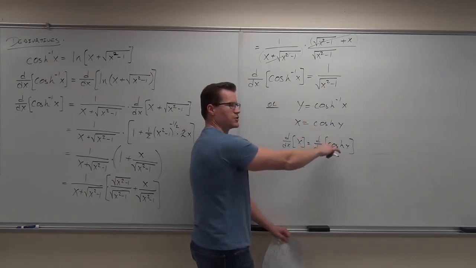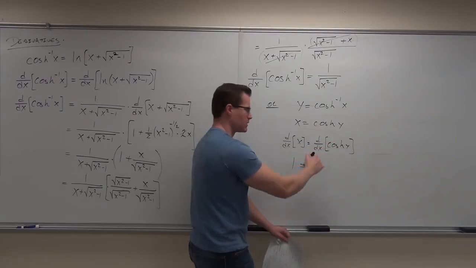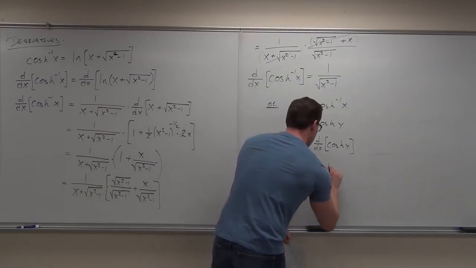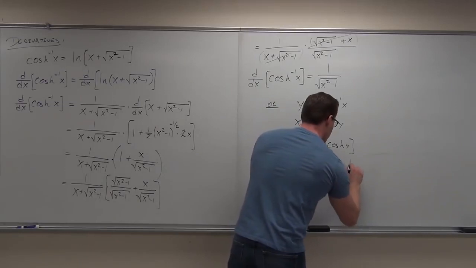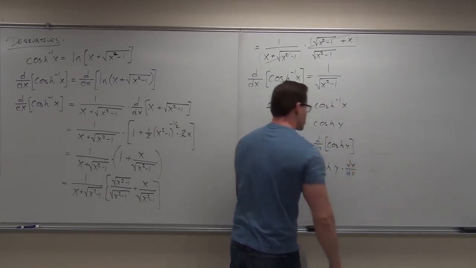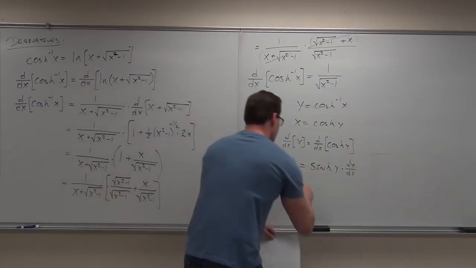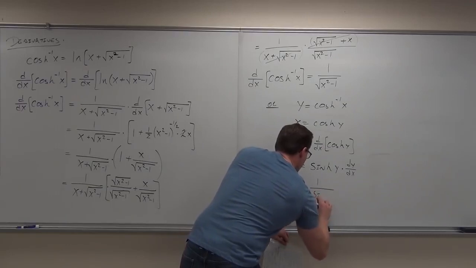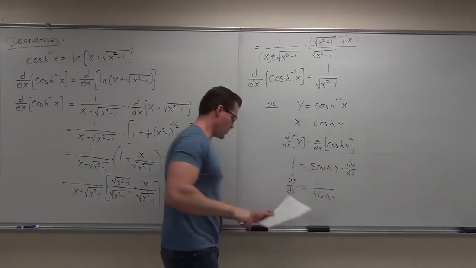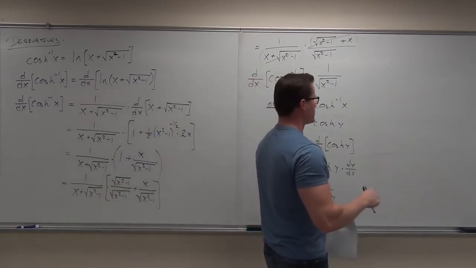This right here, we actually know the derivative for cosh y. Do you remember what it is? Sinh y. That's right. Times dy dx, because we've got the chain rule. You guys okay with the chain rule? So if we solve for this thing, then dy dx equals 1 over sinh y. I'll just divide on both sides. Now, because of our definition, let's see.